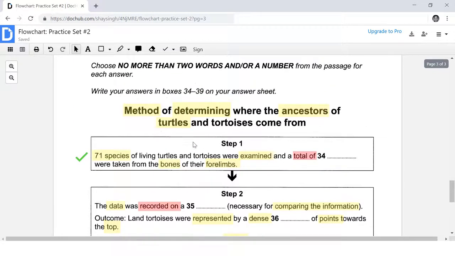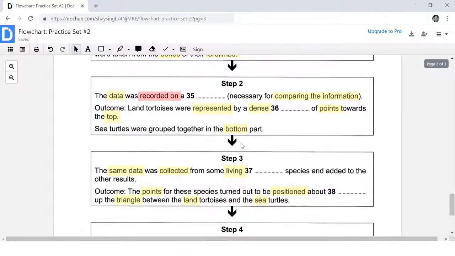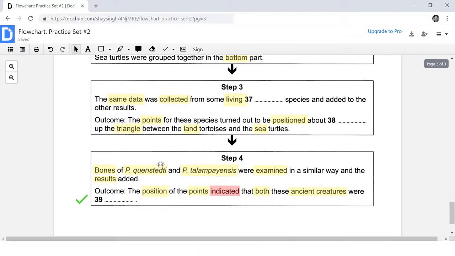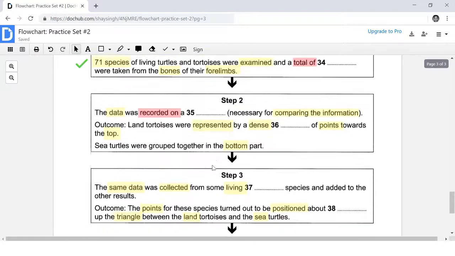And if it happens to come from more than one paragraph, most of the times they're going to tell you that, hey, the answer comes from paragraphs B through F or something like that. They're going to give you the number of the paragraphs. So I'm expecting to find all my answers in one paragraph, maybe 2 paragraphs at most. So once I locate these keywords, I should be able to also locate my matching paragraph.